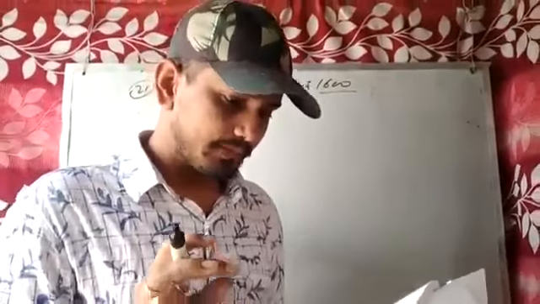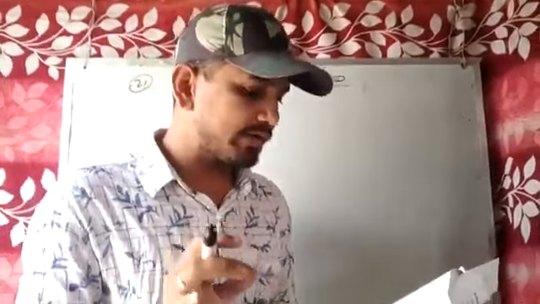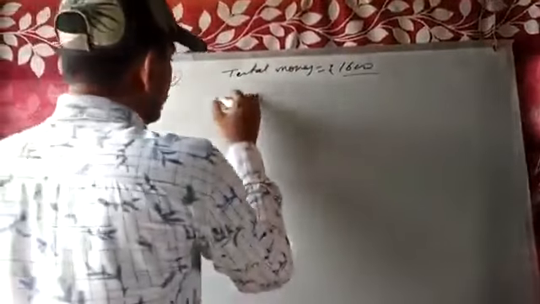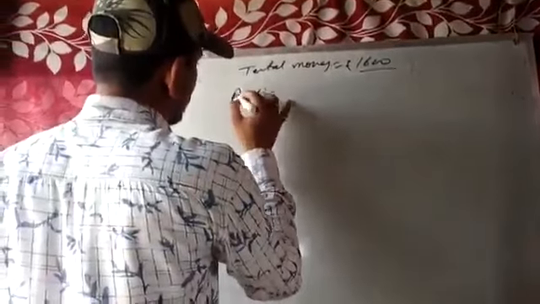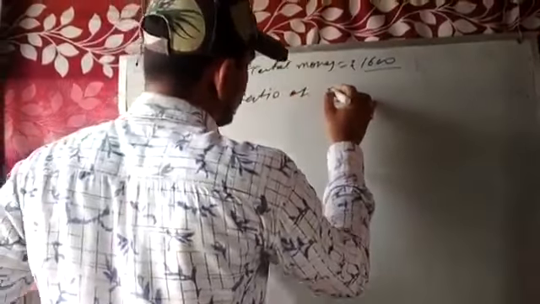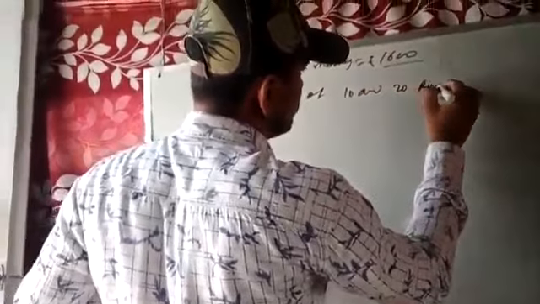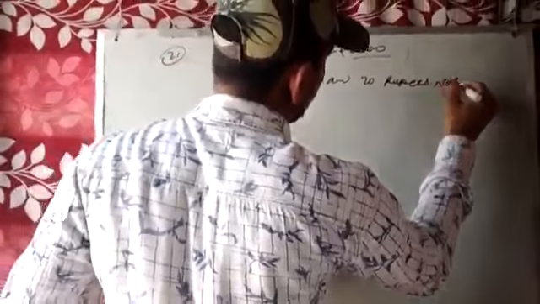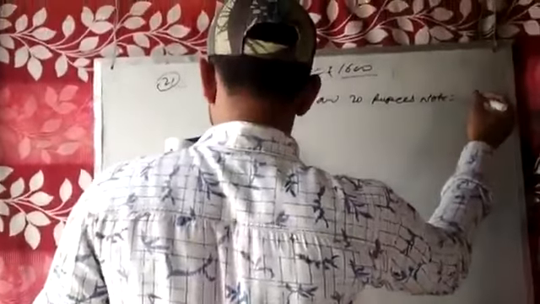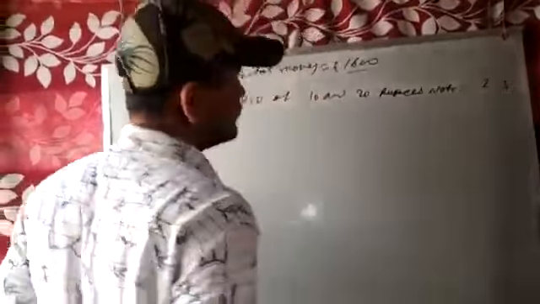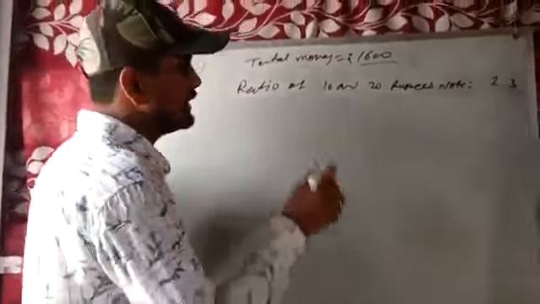Now, if the ratio of the numbers of 10 and 20 rupee notes is equal to 2:3. See, it's very easy.